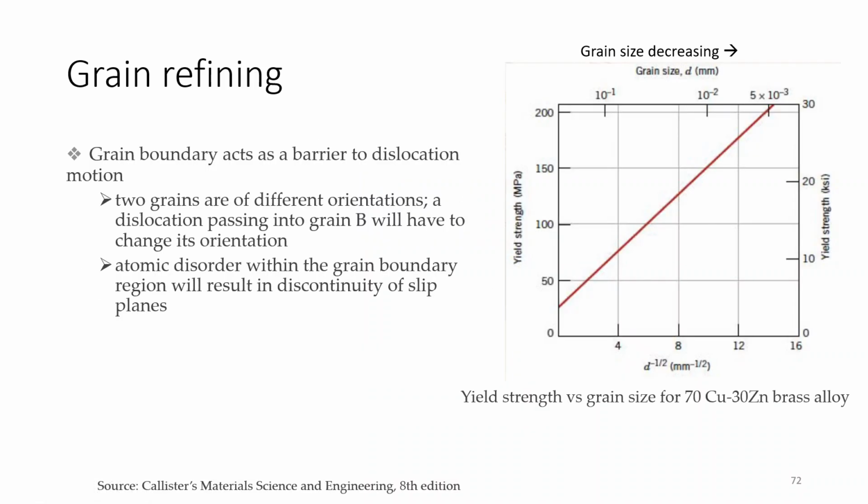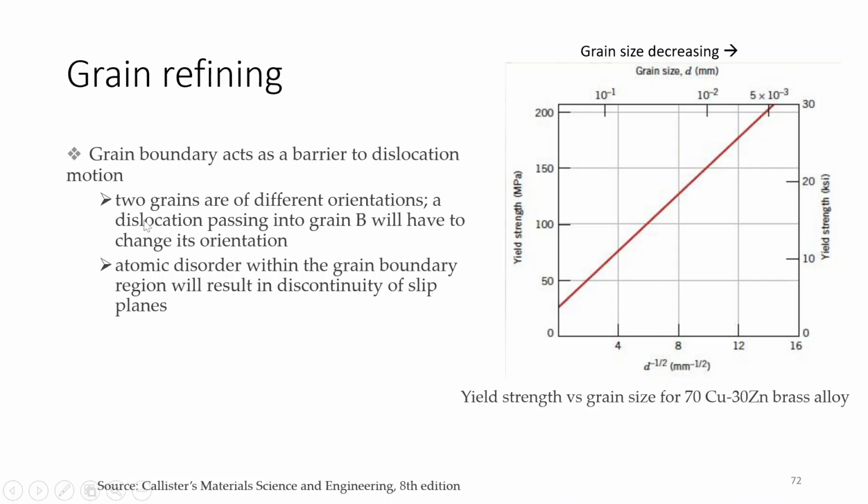And why does grain refining work? Grain boundaries are the areas where there is disturbance in the equilibrium spacing, so a grain boundary acts as a barrier to dislocation motion.